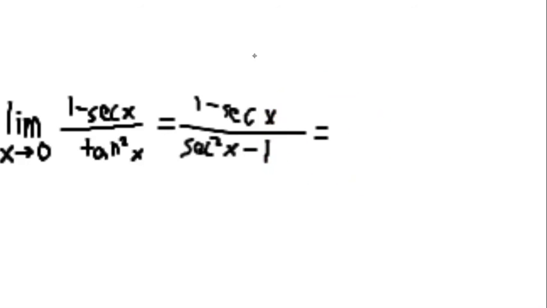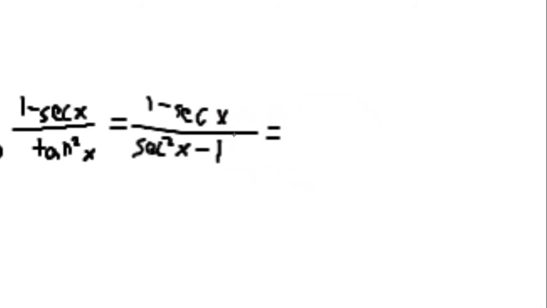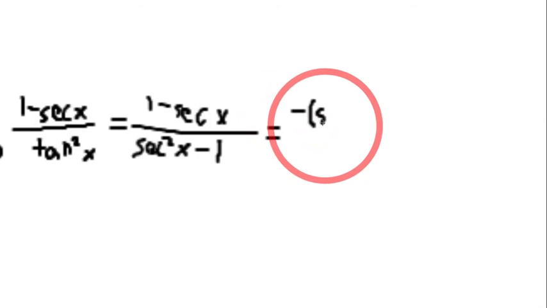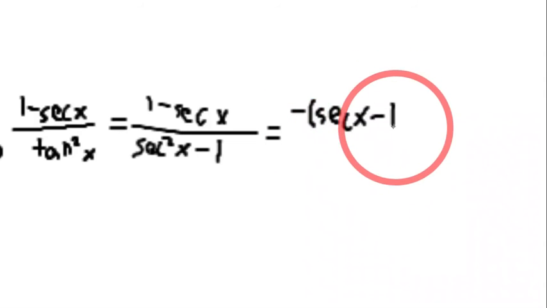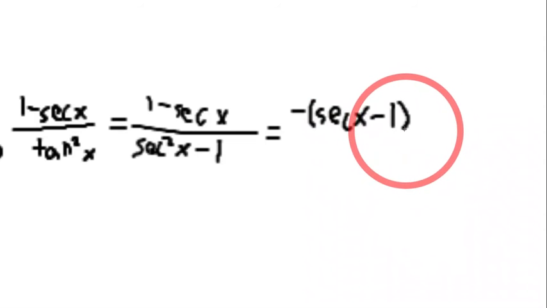So I'm going to rearrange the numerator of this fraction a little bit before I do the difference of squares with the bottom part. So you can rewrite this as negative secant x plus 1, of course, and then if you factor out a negative sign from that, then you are left with negative secant x minus 1. I flipped this around and then factored out -1.